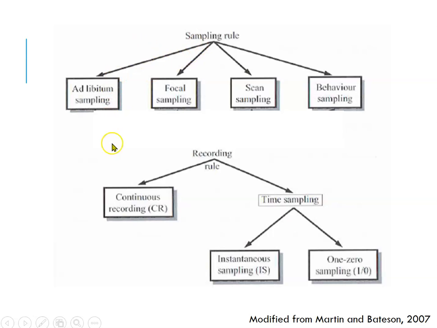So we're going to look at 4 different options for sampling and 2 different options for recording our behaviors. Looking first at sampling, we'll look at ad lib, focal, scan, and behavioral sampling.